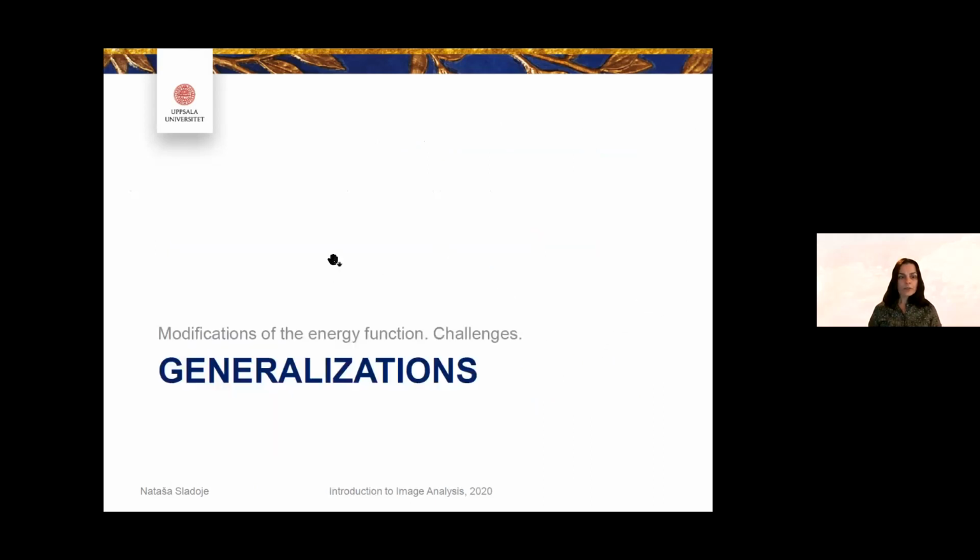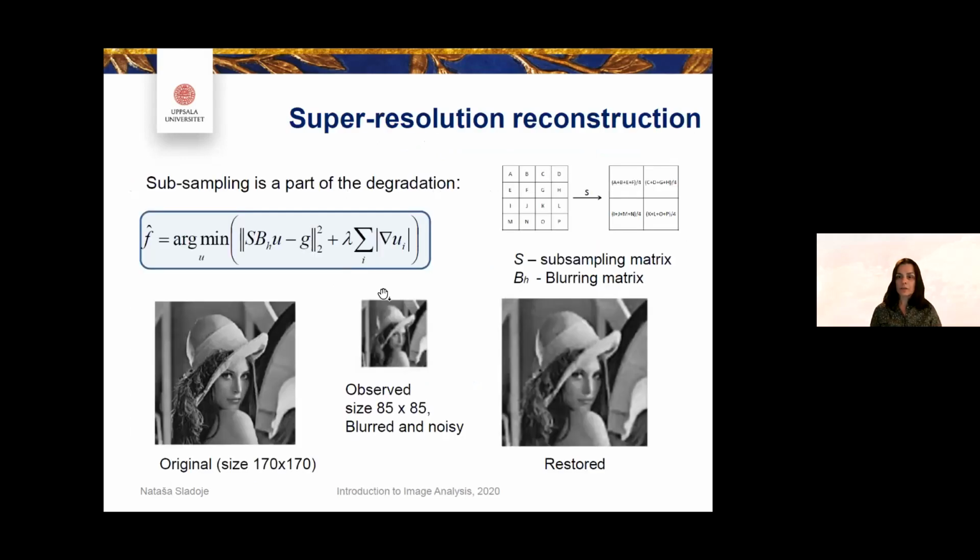Can we do further generalizations? Yes, actually, we should just be reminded that the key thing which reflects the type of degradation that we want to deal with is included in this part of our equation here, and in particular in what is used to multiply our running image, our guess for the restored image.